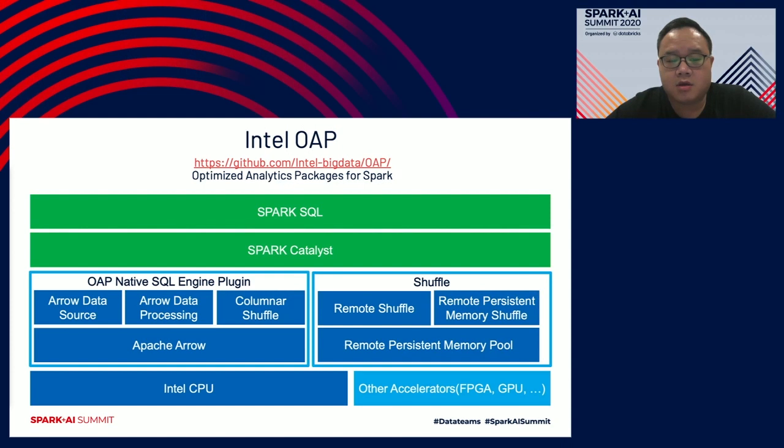We have the native SQL engine, which can help you accelerate your SQL queries by leveraging the native implementation of the SQL engine and the AVX512 instructions for more efficient data processing. It's a column-based native processing engine. We have a remote shuffle plugin and the RPMP fully disaggregated shuffle solutions. So if you are interested, feel free to go to this link and download and have a try.